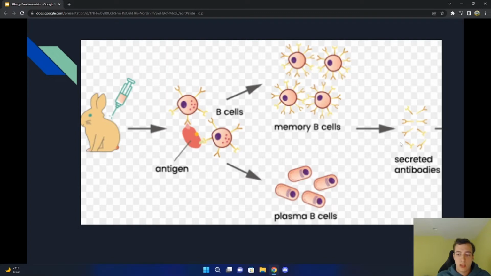And these antibodies are IgE antibodies in the case of an allergy.